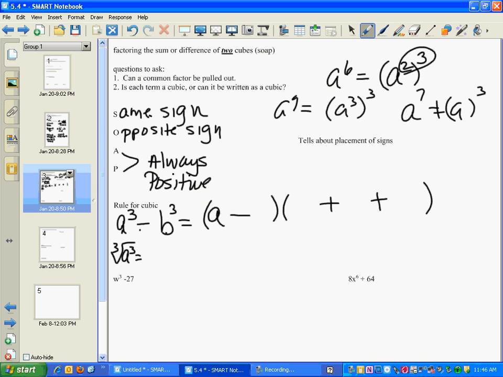Okay? Right, it's what did you cube to get a to the 6. Okay? All right, then we're going to take the cube root of b cubed. What is that? That goes here. Okay? You with me?